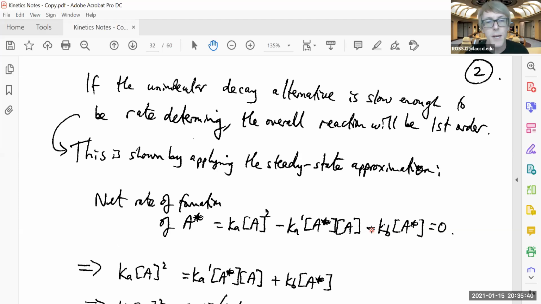Now, all this is happening at the same time. If we assume steady state approximation, steady state means a net change of 0. So if we assume that the rate of formation of A star is not changing, so it's a constant concentration, then its rate of formation will be 0. And this is an expression, it's a steady state expression.